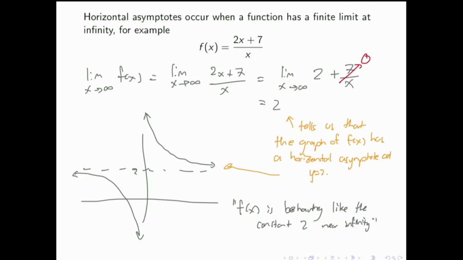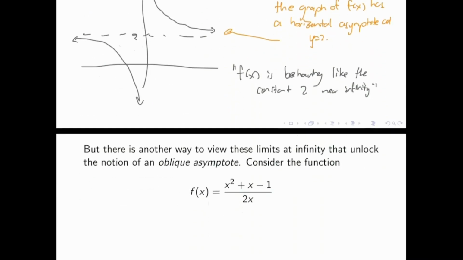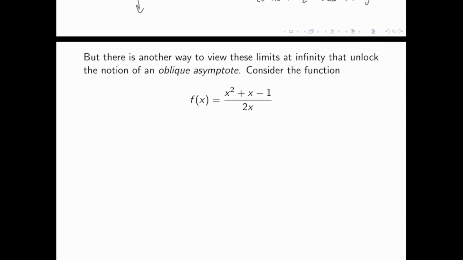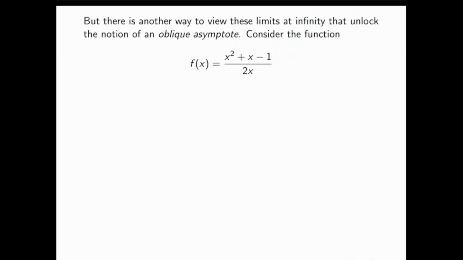That sort of makes sense because the non-constant part of the function, if you can call it that, is sort of decaying to 0. It's not really contributing to f near infinity. So f is really behaving like the constant 2. So that's another way of looking at these limits, as a sort of behavior near infinity.